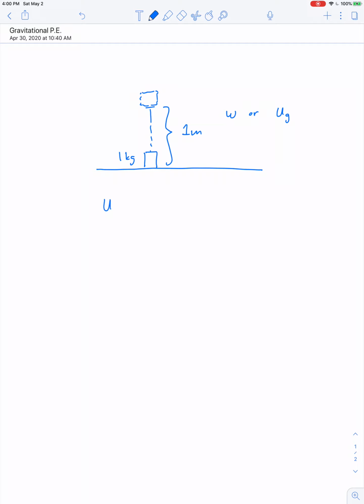Right, I told you this would be an easy problem. The gravitational potential energy is just mgh, so this is 1 times 9.8 times 1. Now, I really mean 1 kilogram times 9.8 newtons per kilogram times 1 meter. So the kilograms cancel out.